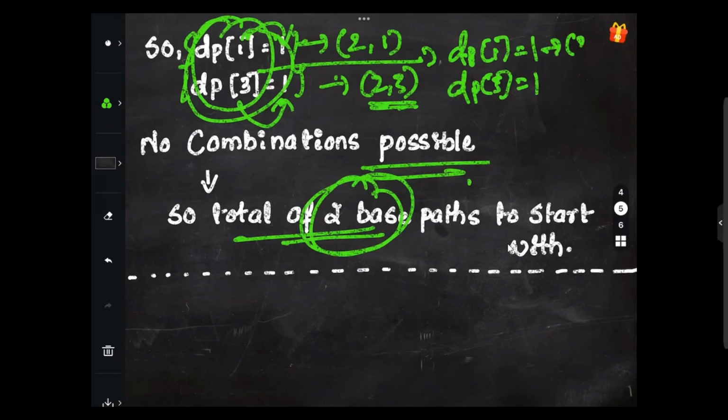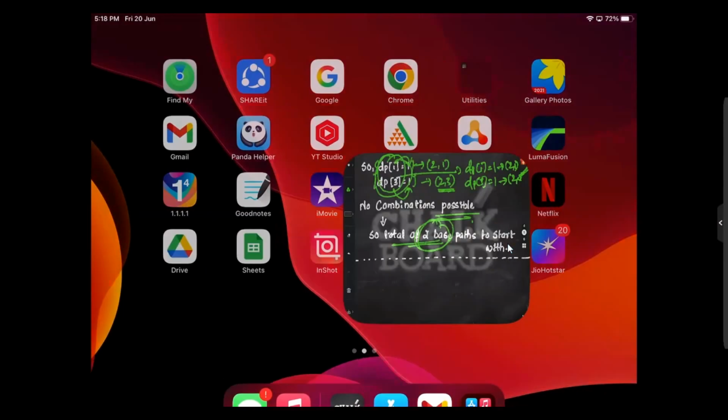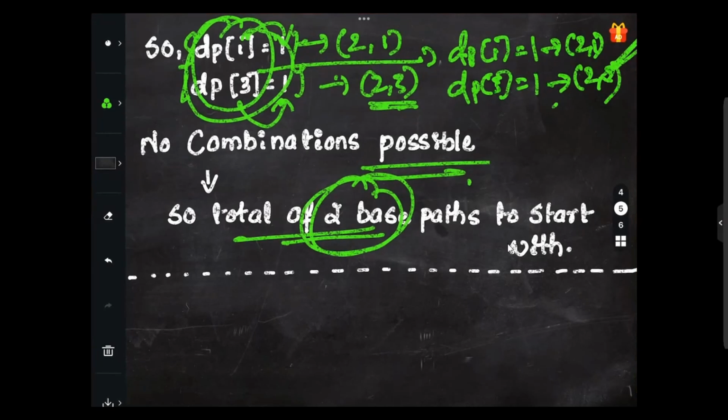This one was for 2 comma 1 and this one was for 2 comma 3. So now what we have is dp of 1 equals 1 and dp of 2 equals 0.